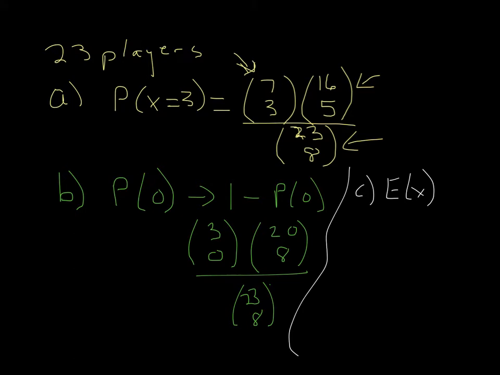And so we are choosing 8, and 13 out of the 23 are forwards. And so we have a probability of 13 out of 23 of getting a forward, and we're choosing 8 players. And so if you work that out, you'll get the expected value that's required there.